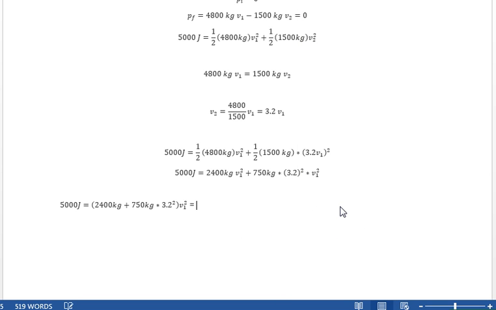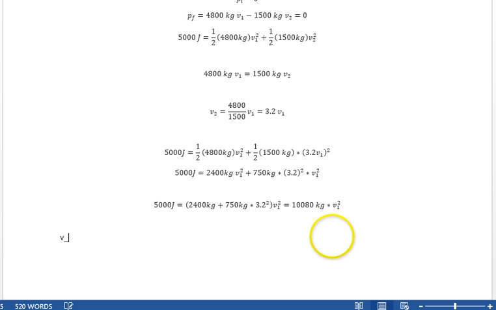So this is 10,080 kilograms times V1 squared. All right, 10,080 kilograms times V1 squared.